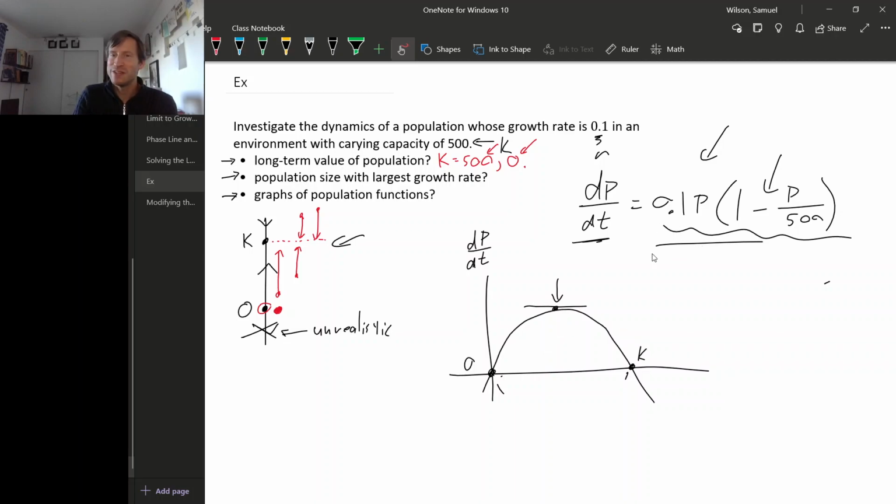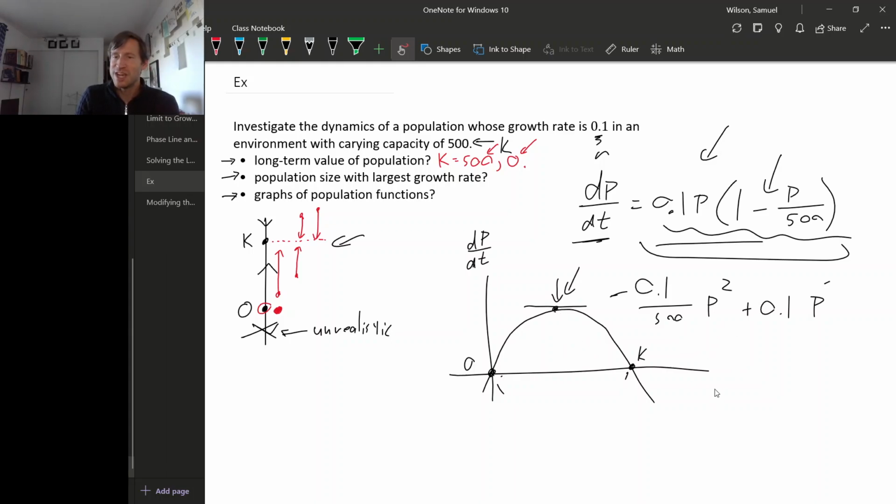So what we could do is take this function and multiply it out: 0.1 divided by 500 times P squared, with a minus sign, plus 0.1P. If we differentiate this and set it equal to 0, we will find P-values where this tangent line is horizontal, and that will be a maximum.